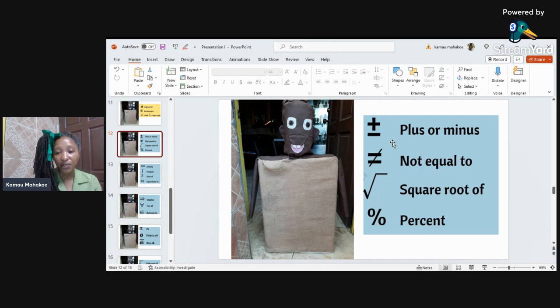You might also see it in front of the answer for square roots, because the square root of a number is both positive and negative. The square root of 16 is positive 4 as well as negative 4. When you multiply them by themselves, you will get back 16. So 4 times 4 is 16. Negative 4 times negative 4 is also 16.